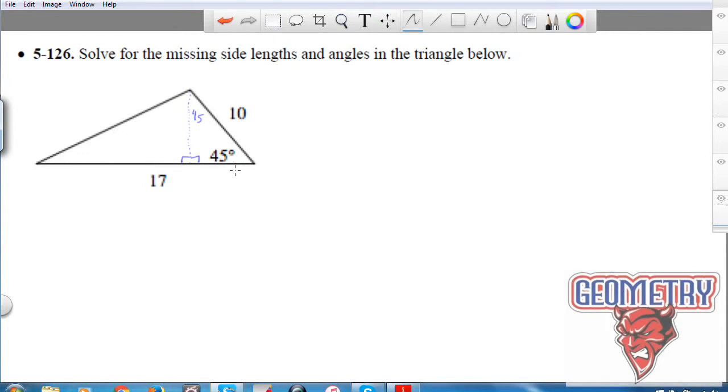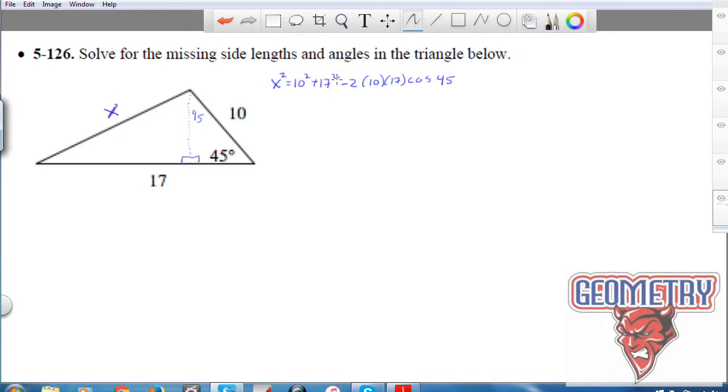So if you're someone who is really comfortable using the law of sines and the law of cosines, I'll set up what that equation looks like for you. So we'll call this x, no matter how we solve it. So x squared would be 10 squared plus 17 squared minus 2 times 10 times 17 times cosine of 45.